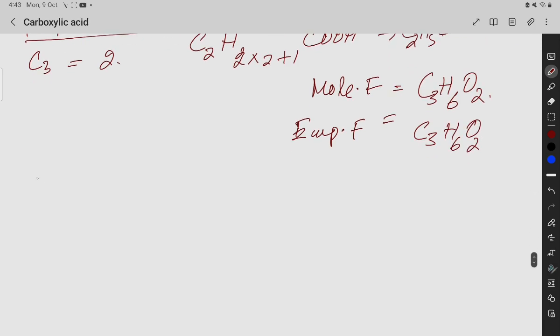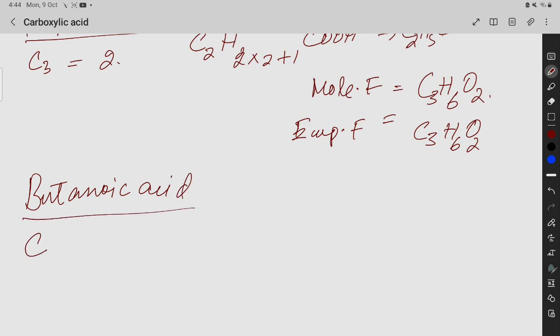So next is butanoic acid. Butanoic acid is C4, carbon, C4 acid. हाँ, C4 है, but we are taking C3, ठीक है, तो C3H2 into 2 multiplied by 3 plus 1, COOH.